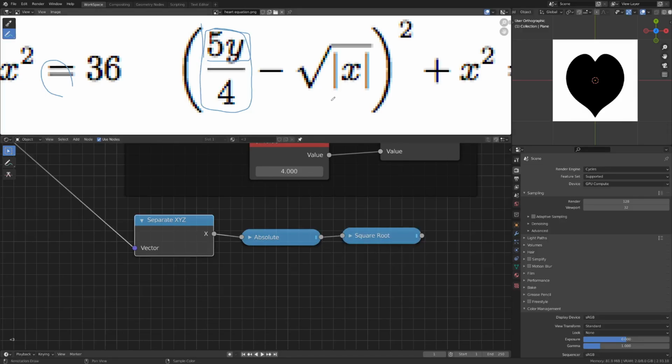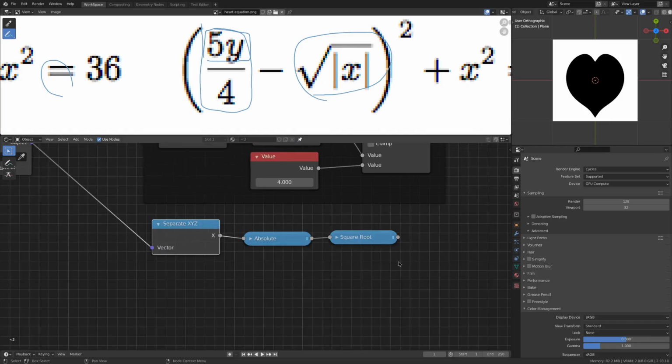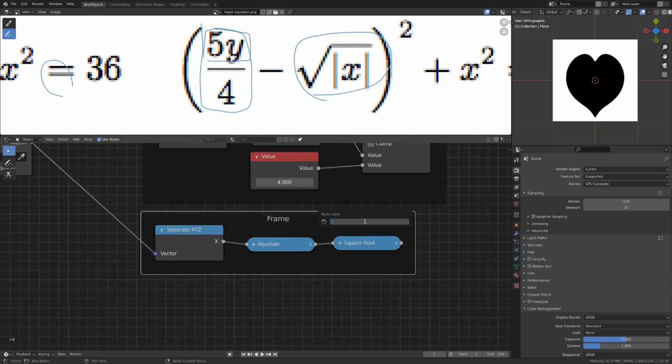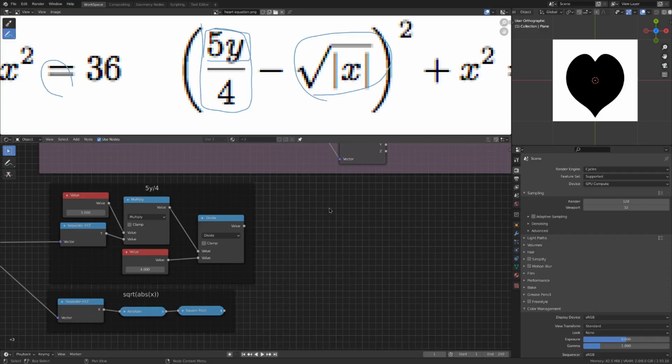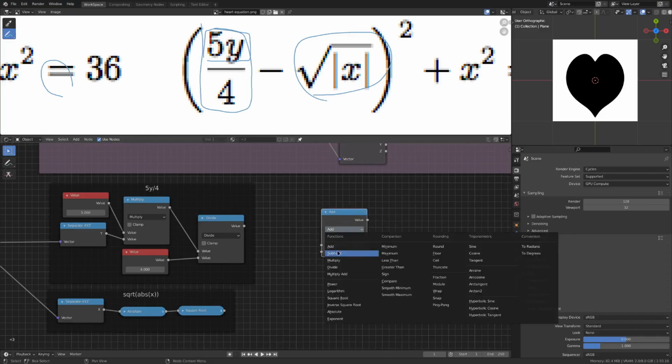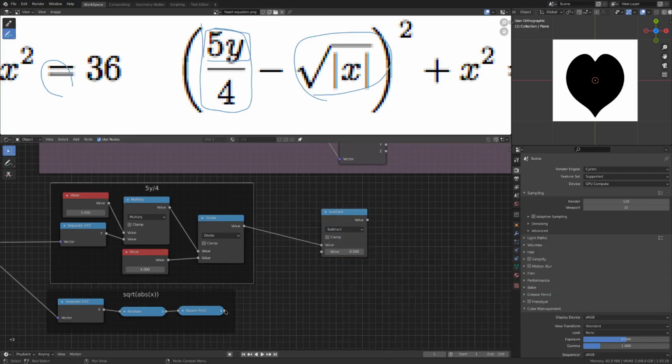We just made this absolute x of square root here. Ctrl J, and we are going to name this square root of absolute x. Okay, we're going to subtract that using math subtract node.